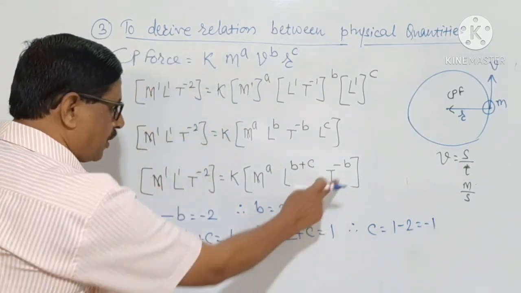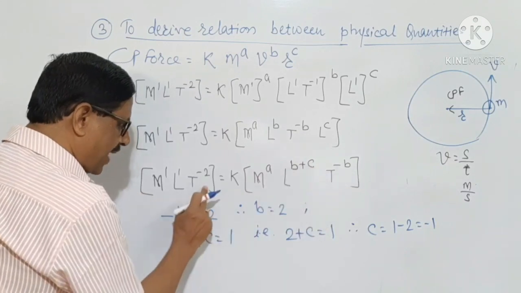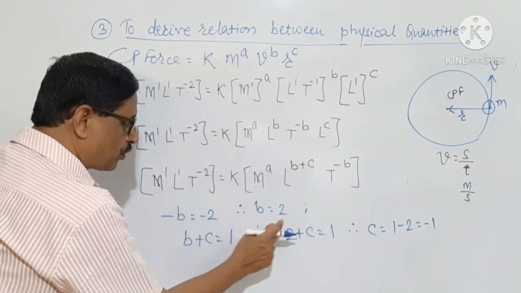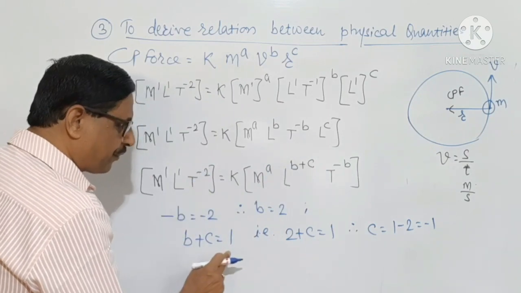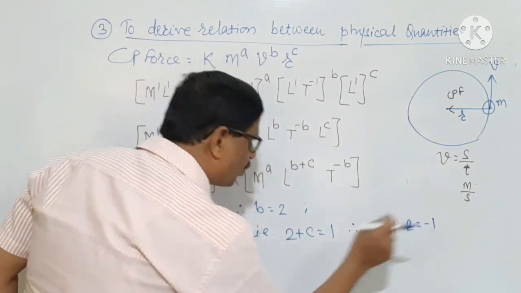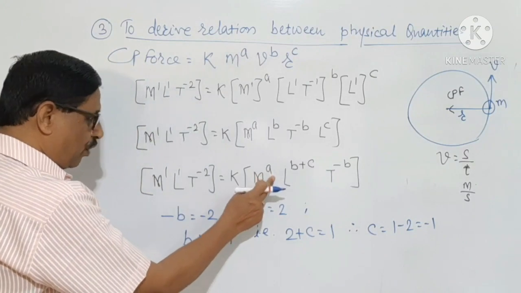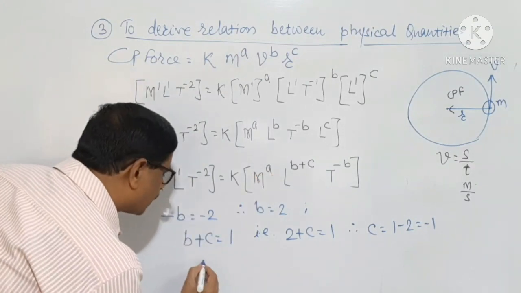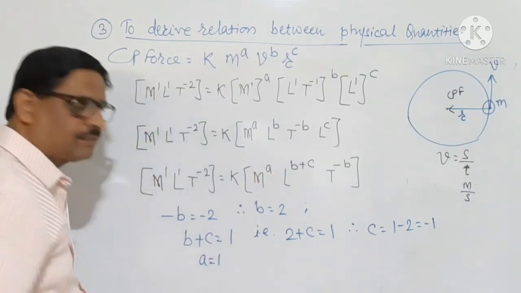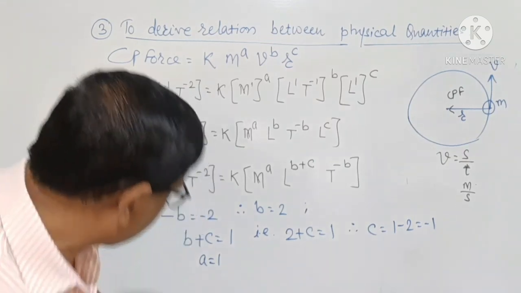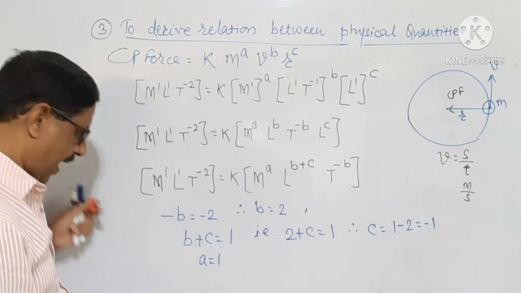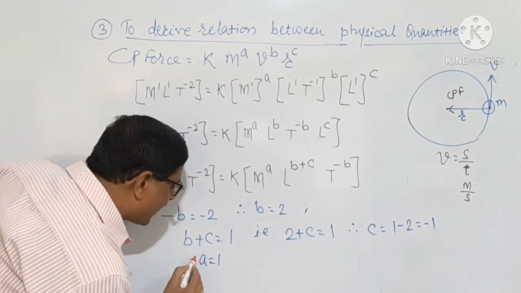From minus b equal to minus 2, b is equal to 2. b plus c is equal to 1. From that I got c is equal to minus 1. What is a equal to? a equal to 1. Now, with this, I got the values of these variables.